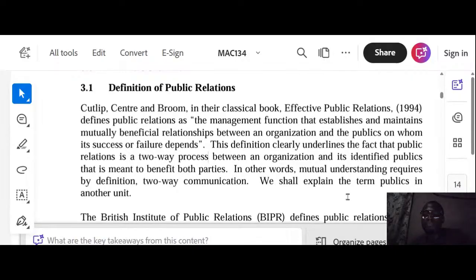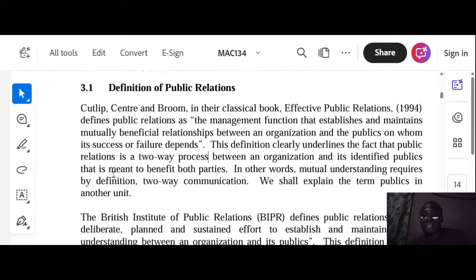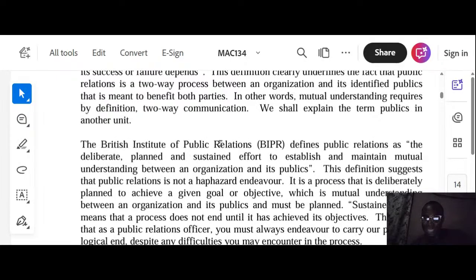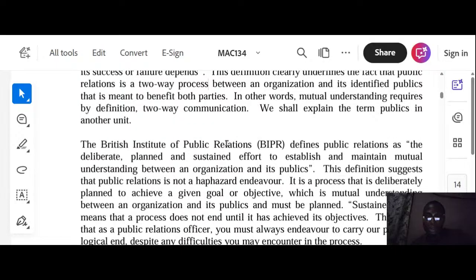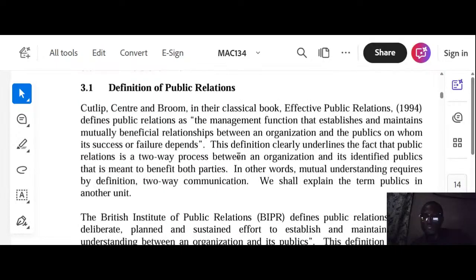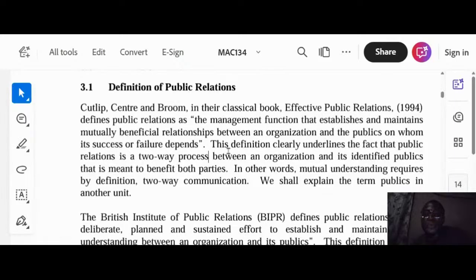In other words, mutual understanding requires, by definition, two-way communication. I explained the term publics in another unit. So that is the definition by Cutlip, Center, and Broom.